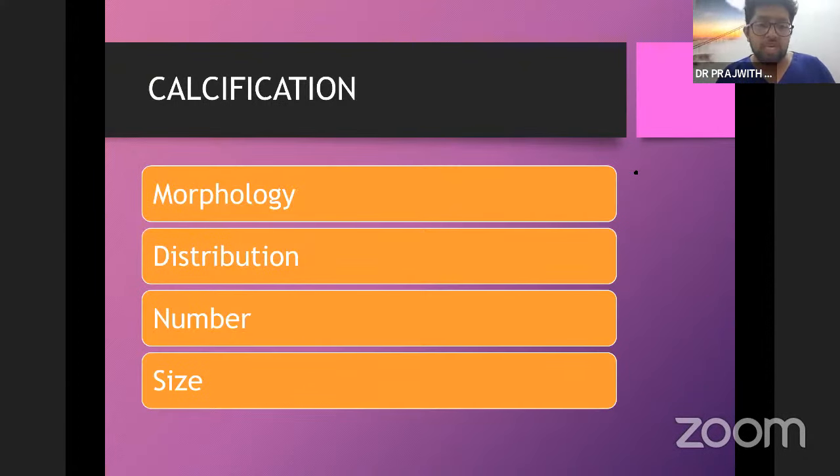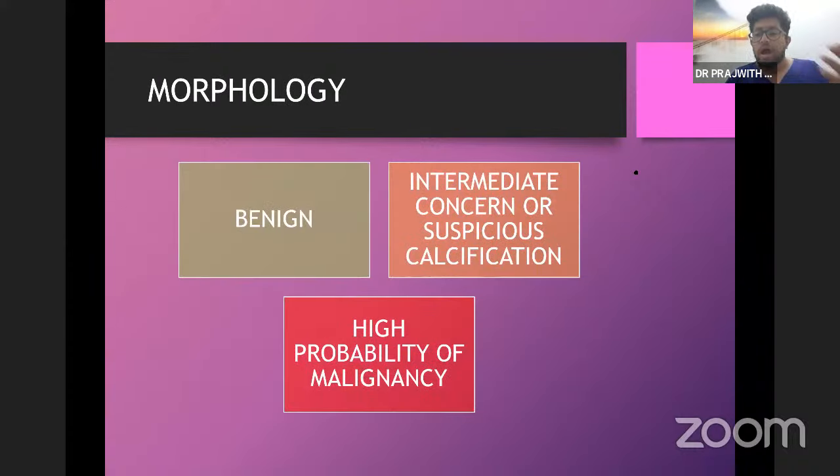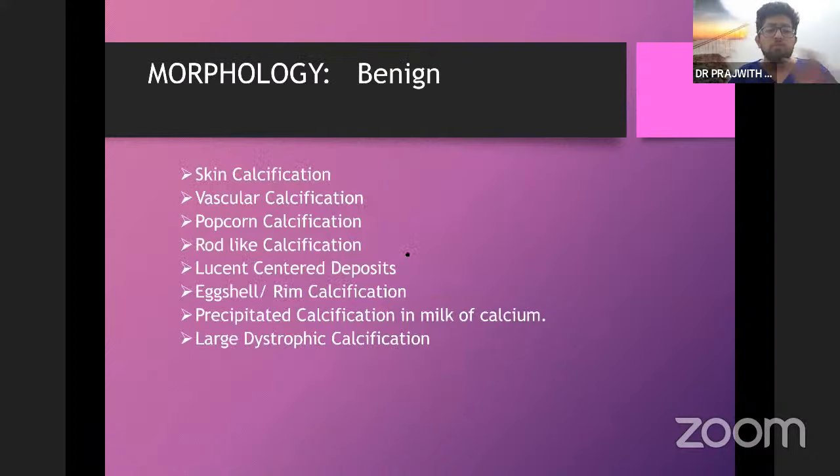Now go to the calcification. Whenever we see a calcification, again we have to characterize it based on the number and distribution, and then we divide it into benign, intermediate, and high probability of malignancy. Now, very simple. When do you call it a benign calcification?